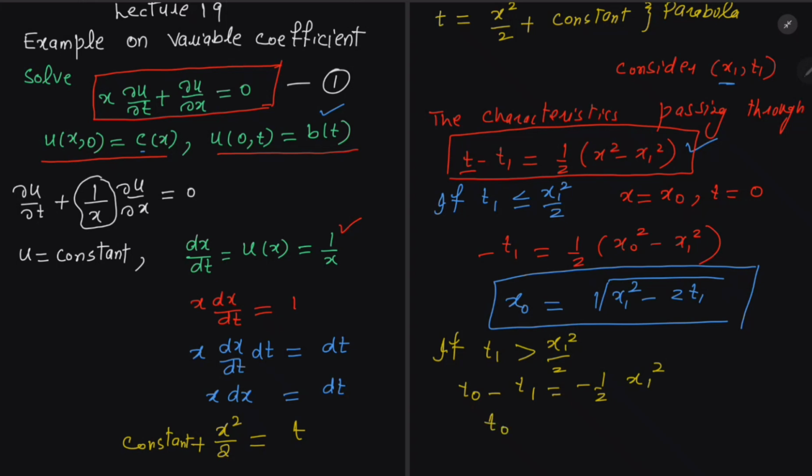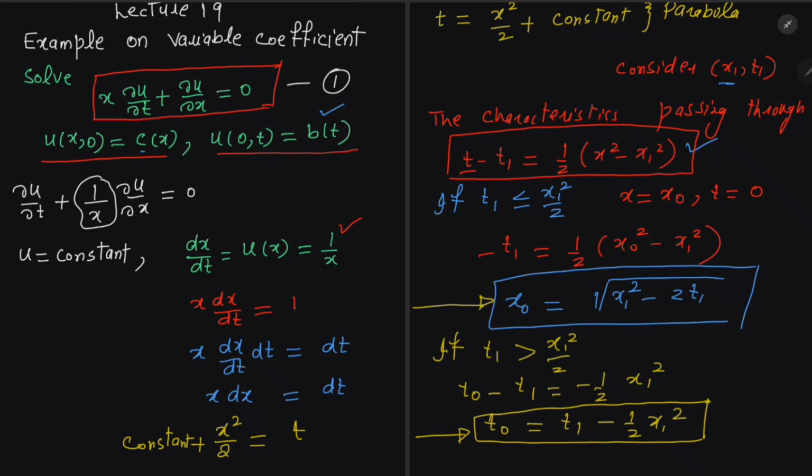So t naught will be equal to t1 minus half x1 squared. So we have two situations. One situation is for x naught, another situation is for t naught.